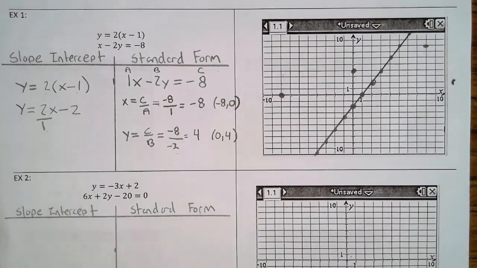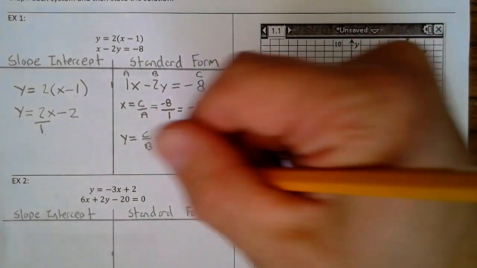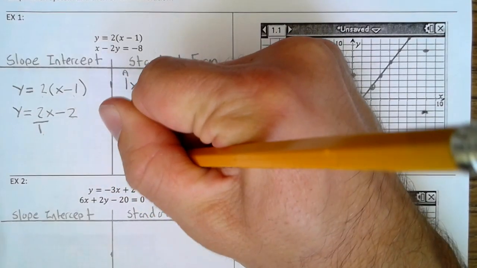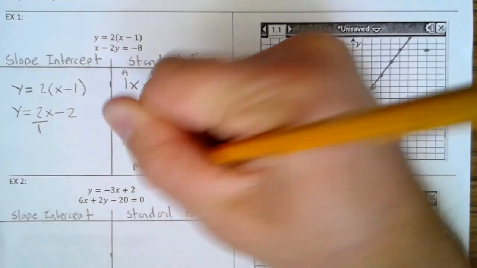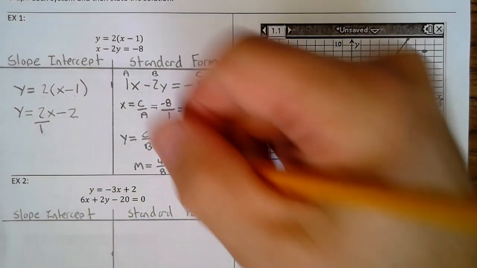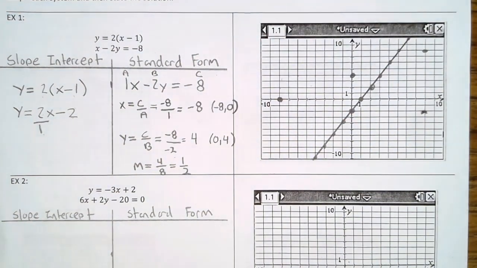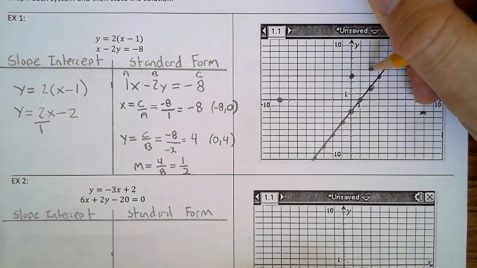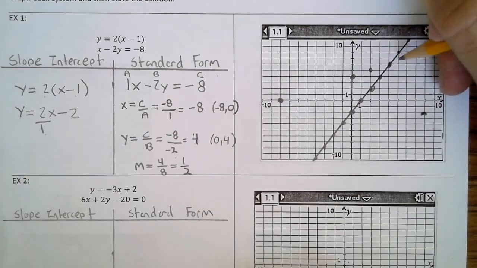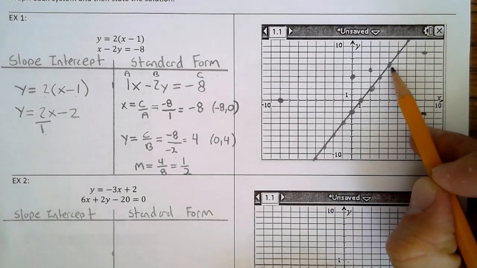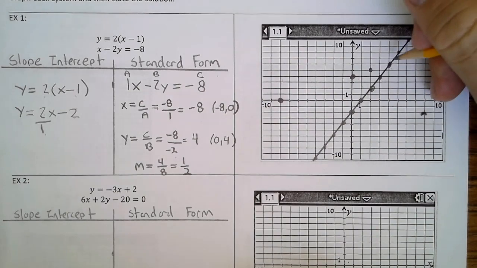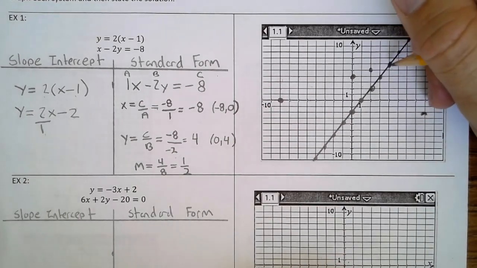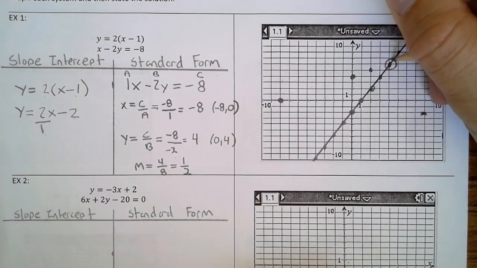And I can go even a step further. If we know that m is 4 divided by 8, we can reduce that to 1/2. So if we go up 1 to the right 2, 1 to the right 2, that way we've now found the exact point of the solution. So there's your solution right there.